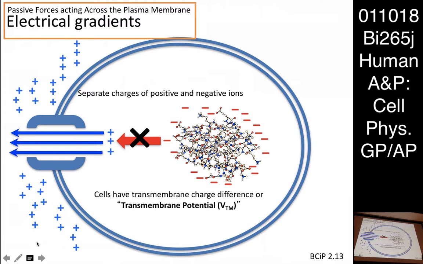If it's the resting transmembrane potential, it's V sub R. But V sub Tm is just the general transmembrane potential. It doesn't have to be resting or not. Okay?